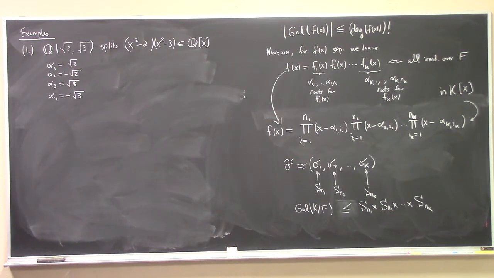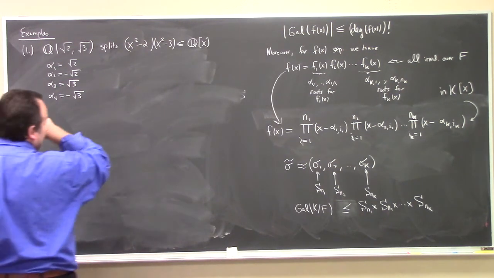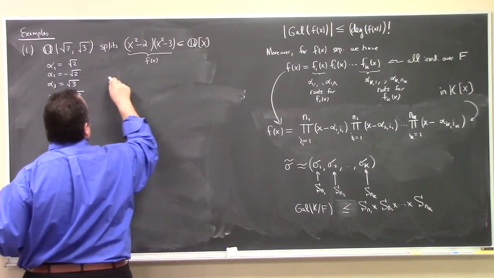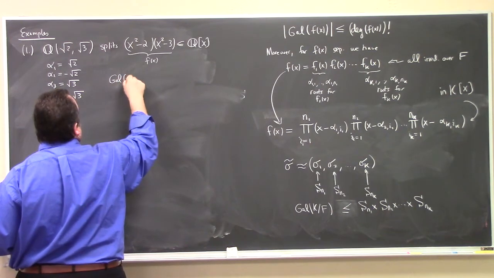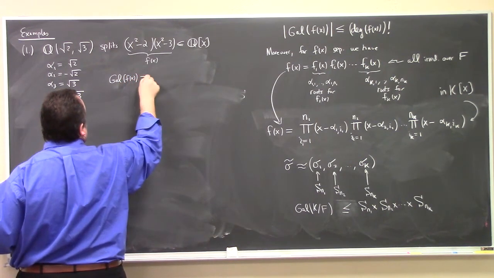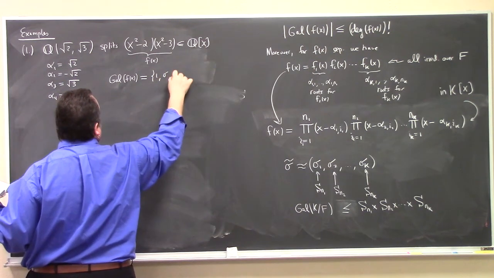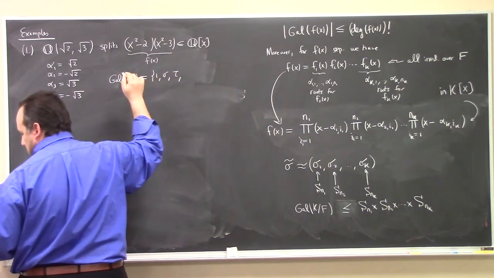And he says, so what is the Galois group? If I call this thing f of x, the Galois group of f of x is 1, sigma, tau, and sigma tau, right?